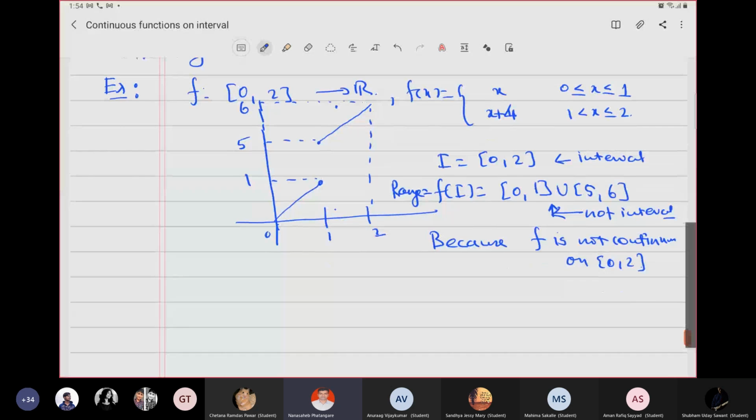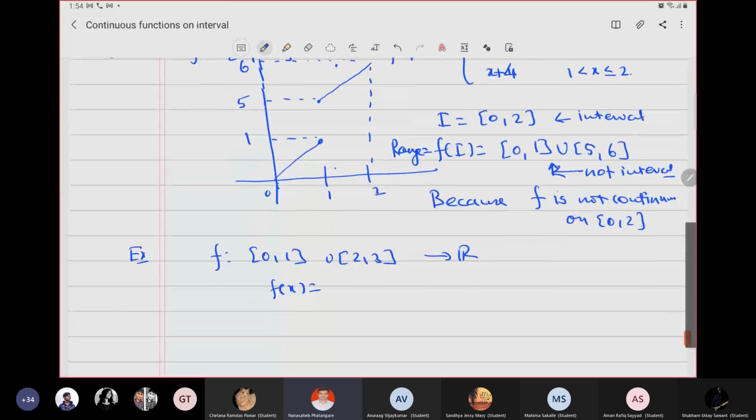And if you look at the previous example, if I define a function on [0, 1] union [2, 3], right? So what is f(x)? It is x if 0 is less than or equal to x less than or equal to 1, and x minus 1 if 2 is less than or equal to x less than or equal to 3, right?